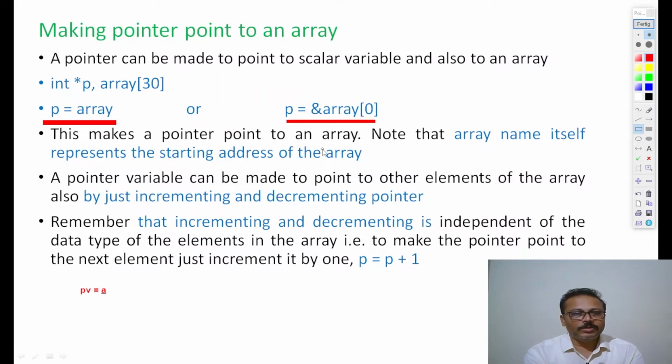By incrementing, you can go to the next element. By decrementing, you can go to the previous element. So you can achieve traversing of this array, moving from left to right and right to left, by using just pointers, by incrementing and decrementing.